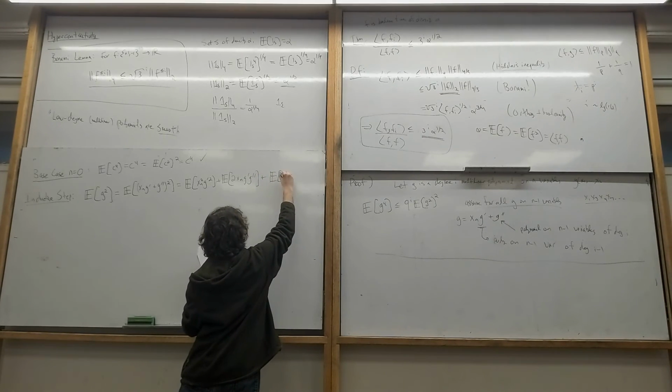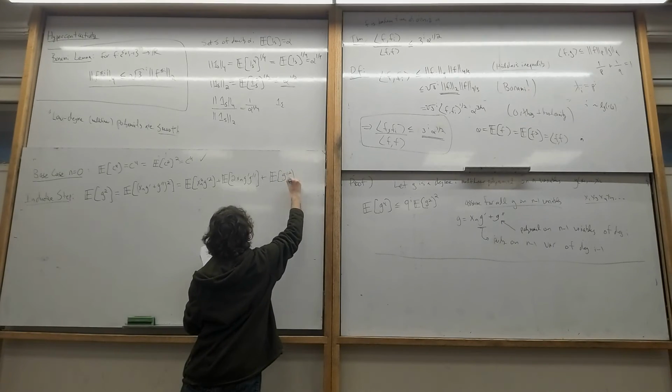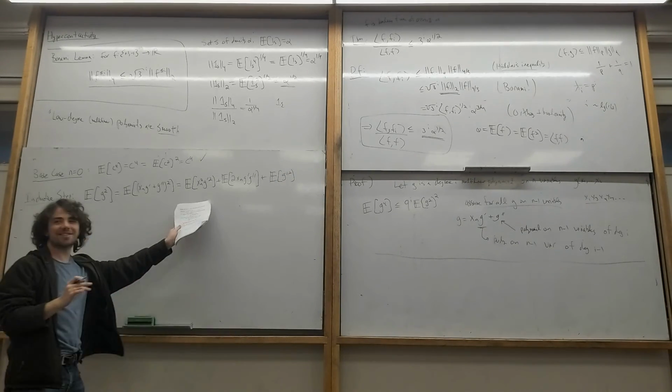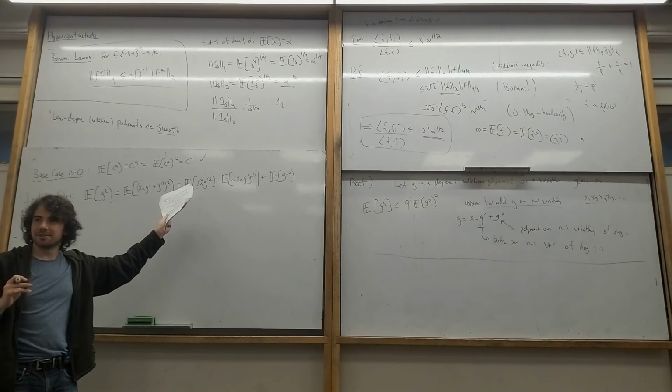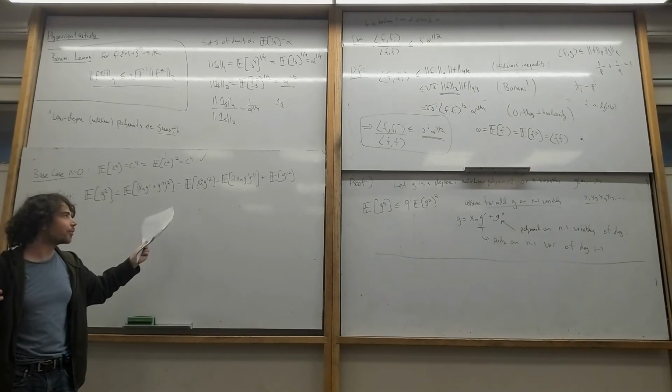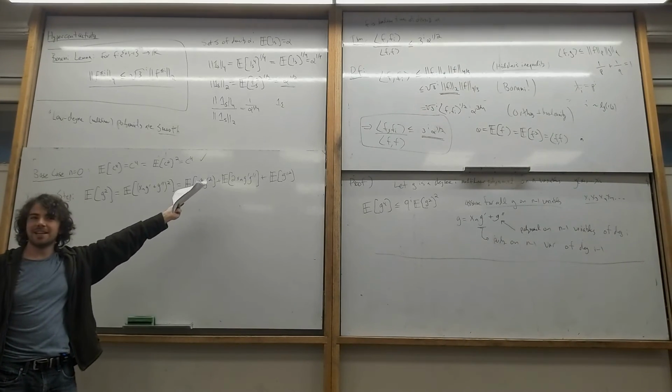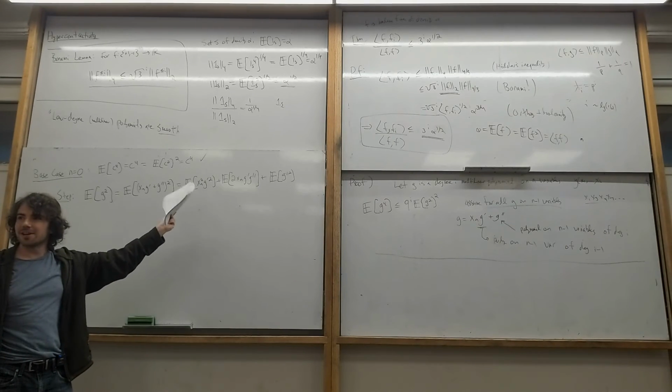Doesn't the cross term die? Okay, good. So the next thing I was going to ask is, can we simplify this? Somebody says, doesn't the cross term die? And the answer is yes, the cross term does die.